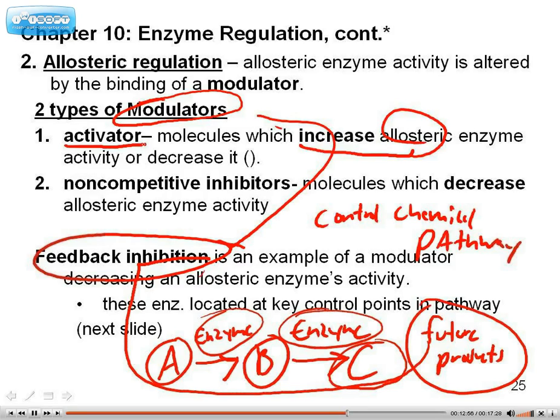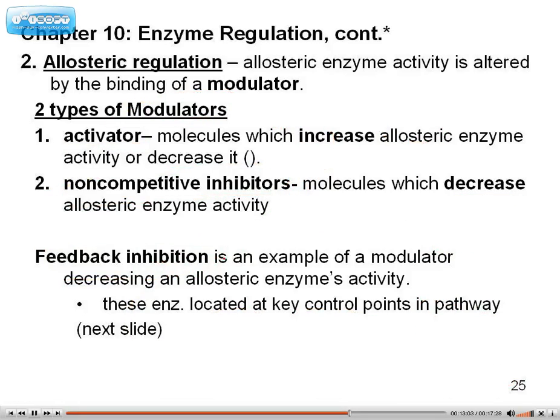If you're decreasing it, then we say that it's a non-competitive inhibitor. So don't get thrown off on these terms. They're very easy terms. Again, if you're increasing it via an allosteric site, it's an activator. If you decrease it, then it's a non-competitive inhibitor.